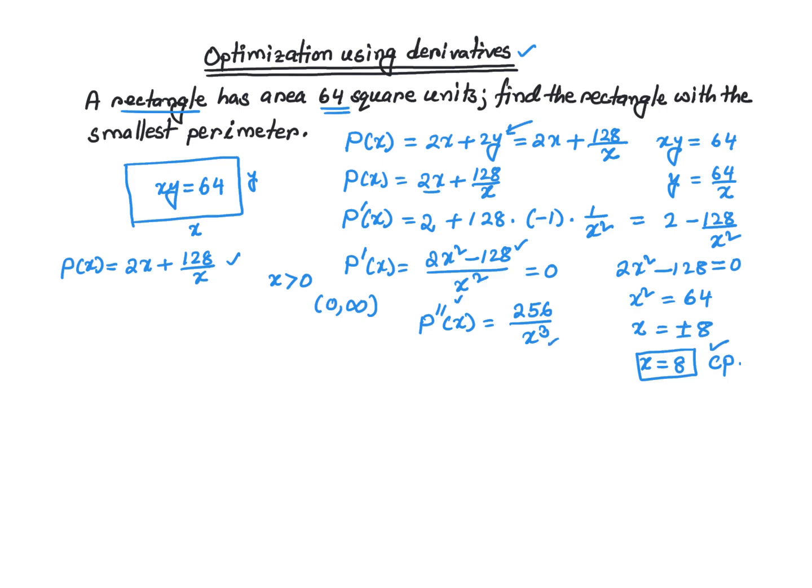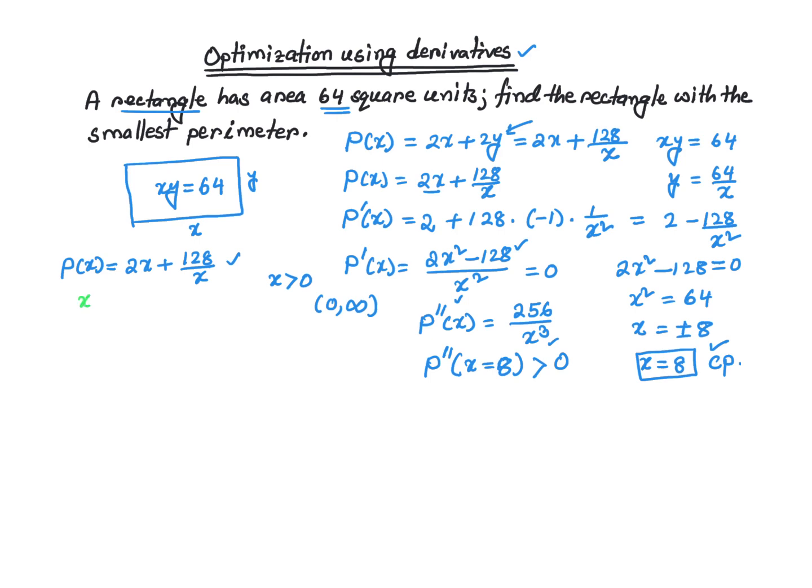X is 8, going to give you 8 cubed. So it doesn't matter what it is. We really care about p double prime of 8 being greater than 0. So that tells me, by the second derivative test, that the function has a local minimum. In this case, it is actually going to be a global minimum as well, because we have only one critical point and there are no boundaries.